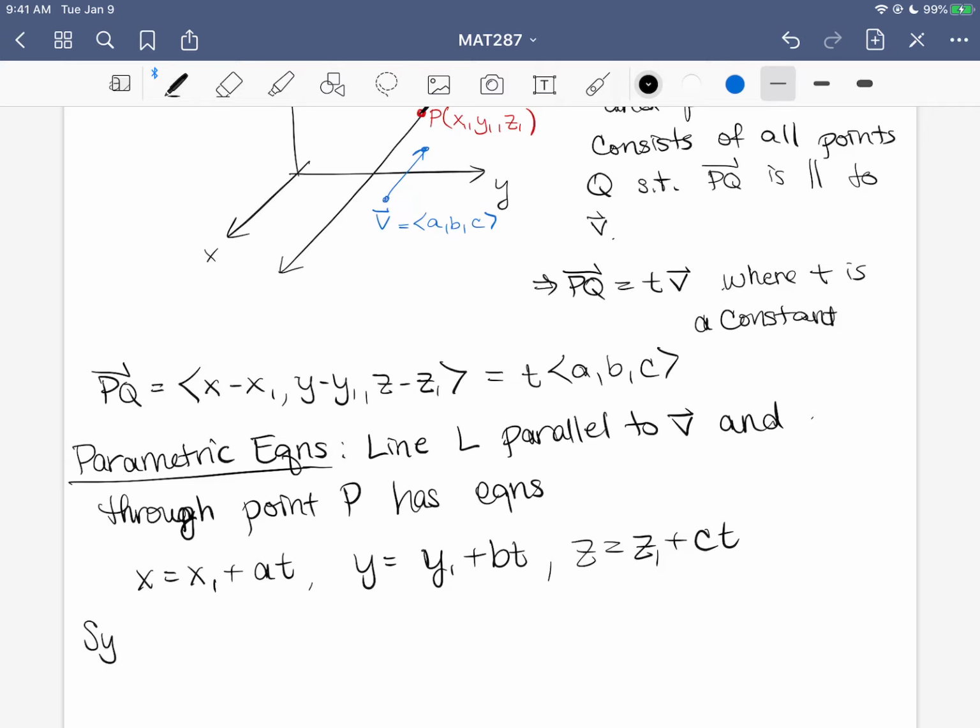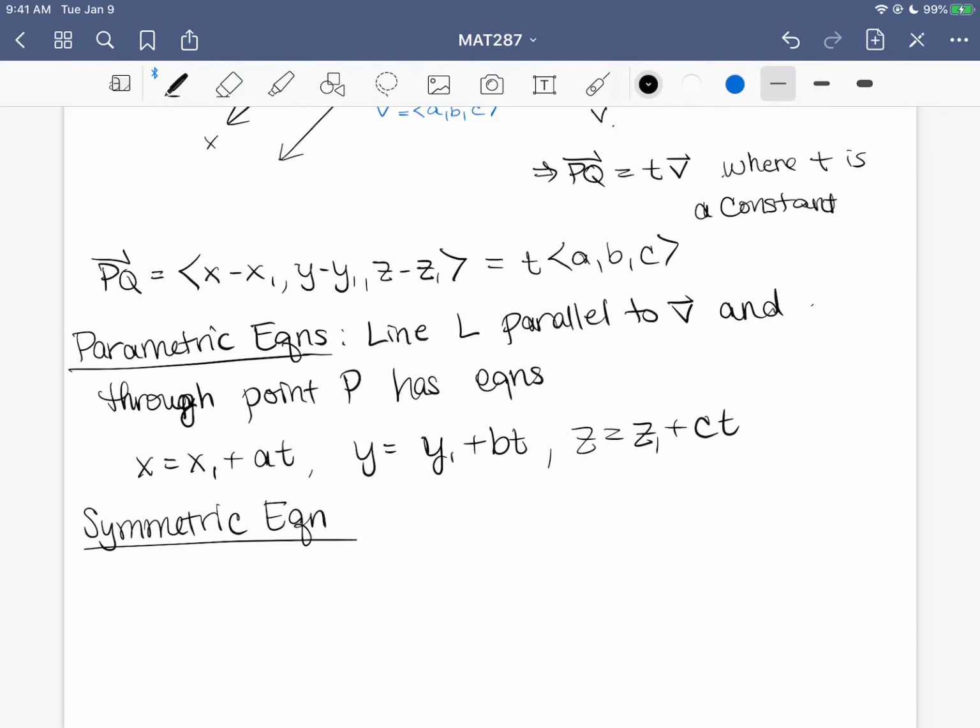Okay. We can also express the equation of this line using a symmetric equation. So as long as A, B, C are not 0, I can take these equations up here and solve them all for t and then set them equal.